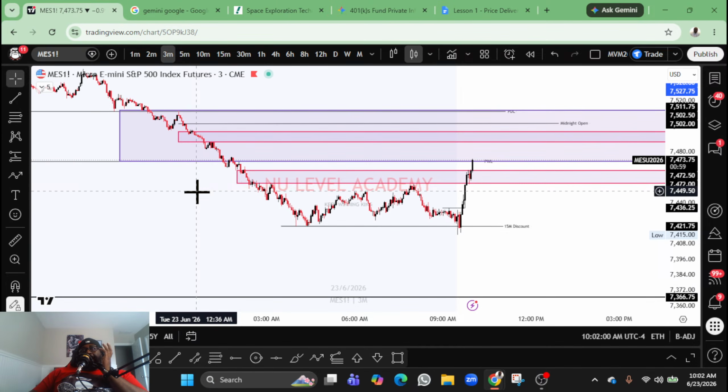So what would be the next target after sweeping previous week low? The next target after sweeping previous week low, what do you think it will be?